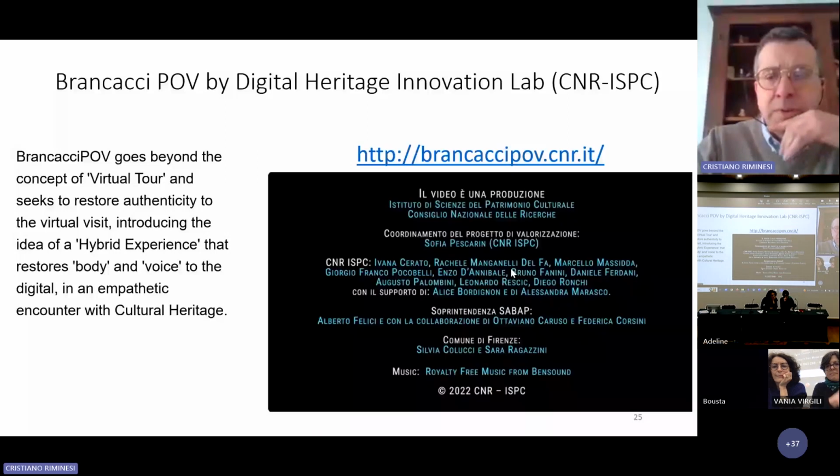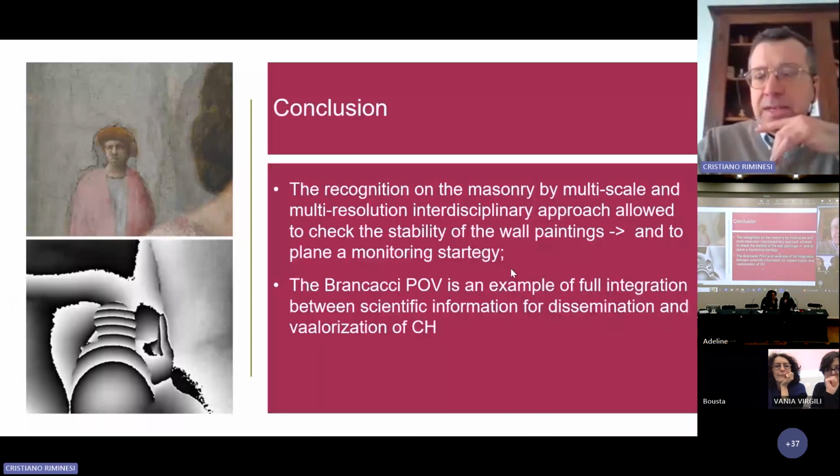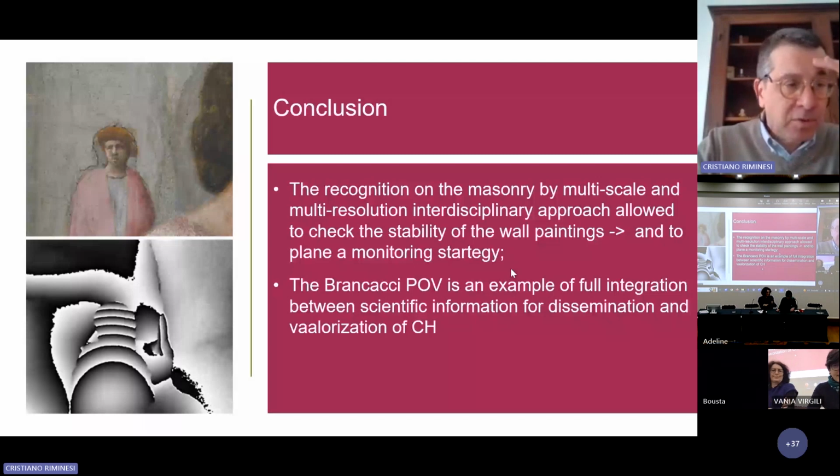So in conclusion, by this interdisciplinary approach based on multi-scale and multi-resolution activity systems, we can understand the stability of the wall paintings, and we are able to define a monitoring strategy for the future.